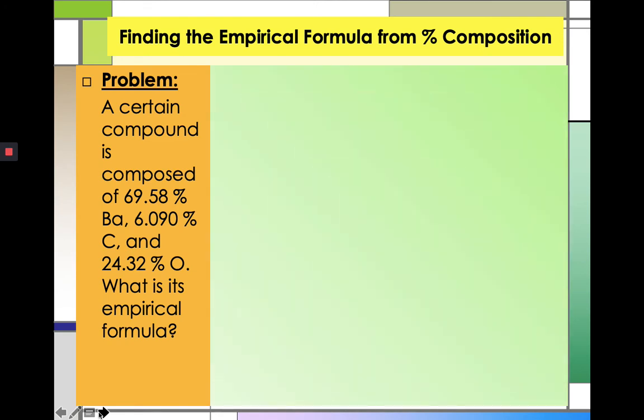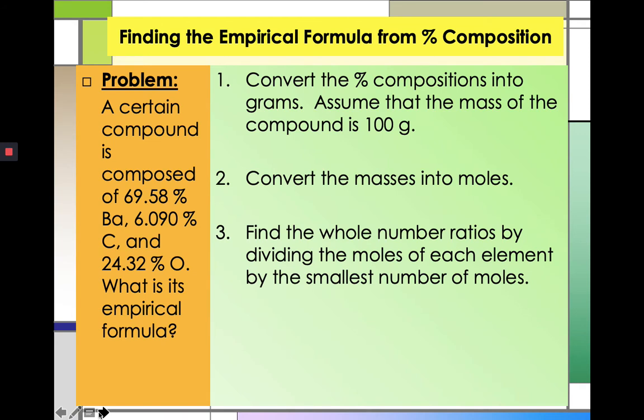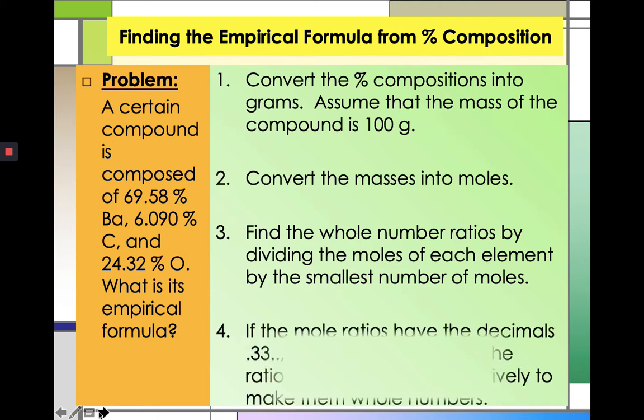So we follow a series of steps in determining the empirical formula of a compound based on its mass percentages. The first one is for us to convert the percent compositions into masses, particularly into grams. We assume that the mass of the compound is 100 grams. Next, we convert the masses into moles and find the whole number ratios by dividing the number of moles of each element by the smallest number of moles.